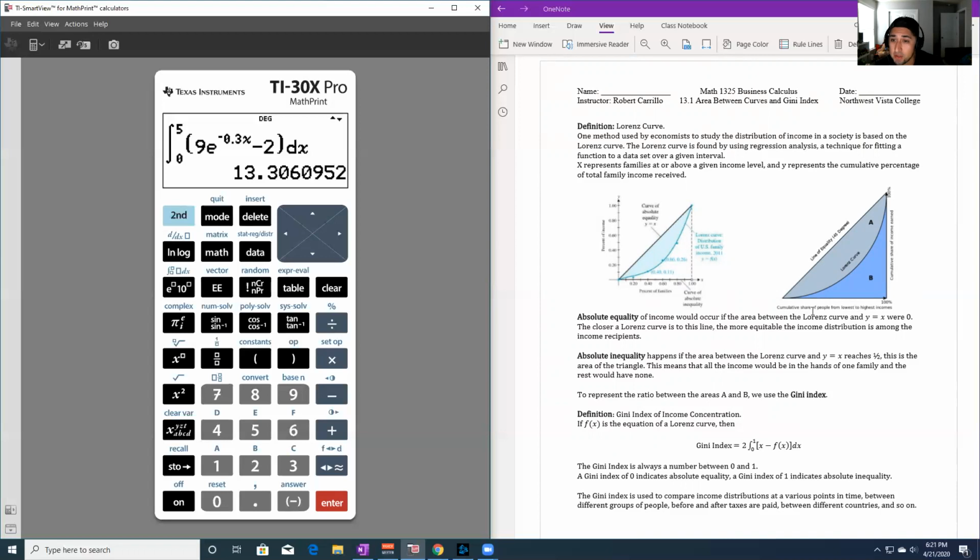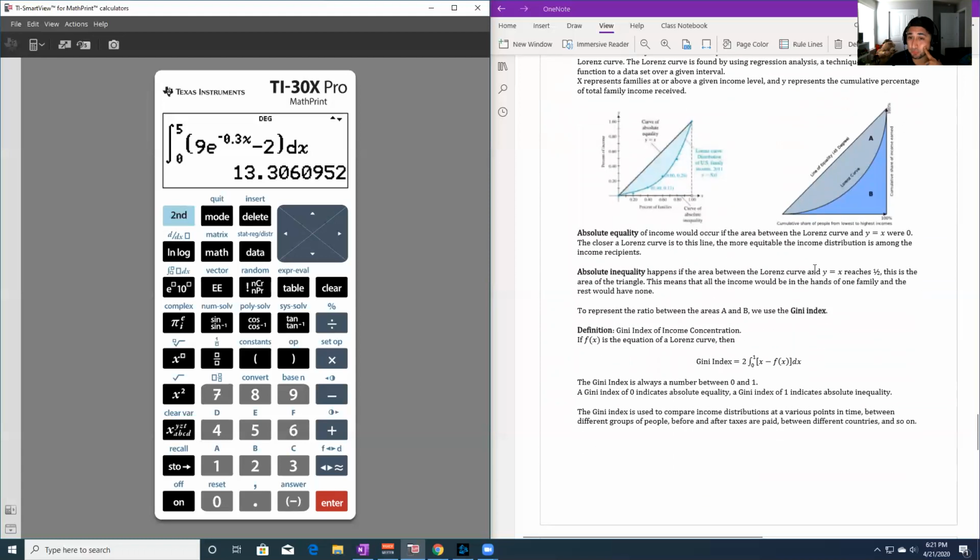The Lorenz curve is found by using regression analysis, a technique for fitting a function to a data set over a given interval. X represents families at or above income level, and Y represents the cumulative percentage of total family income received.